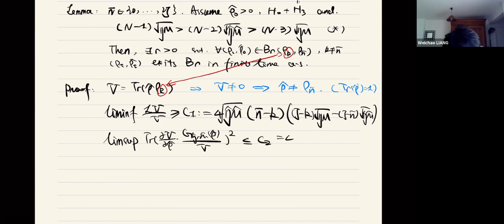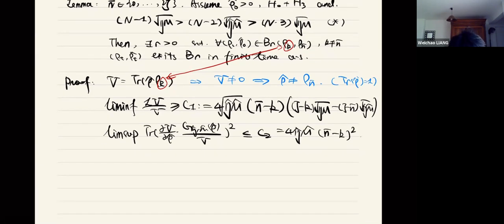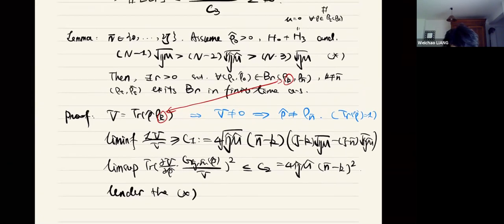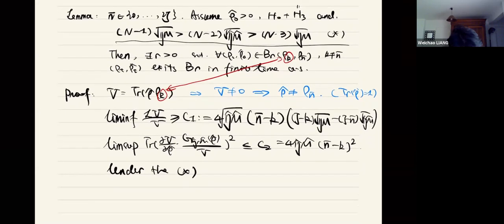C2, K square. Well, there are two inequalities. And we can show that under the relation star, it's here, the star, C1 minus C2 over 2 is always strictly positive.